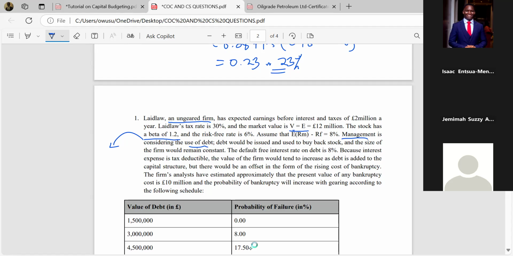A scenario where the firm is already geared up and you are given a beta, that beta is already geared. But if the firm is not geared and we are now thinking of gearing it up, then you have to make sure you gear up the beta. Any question?